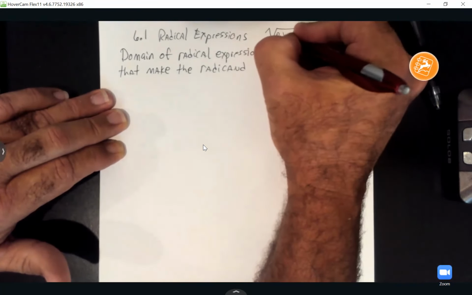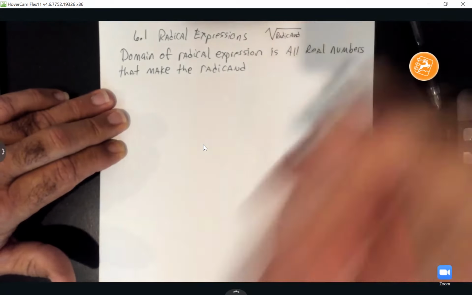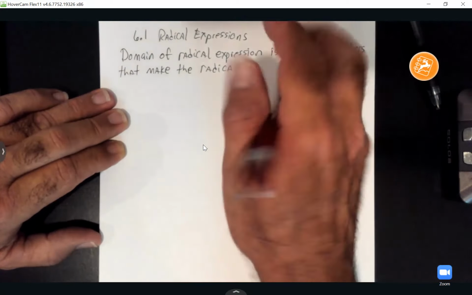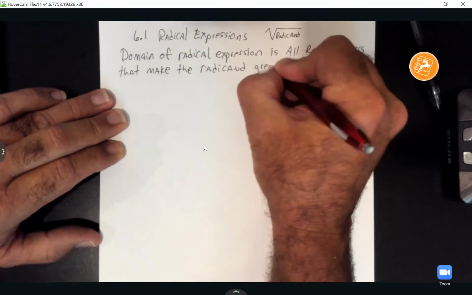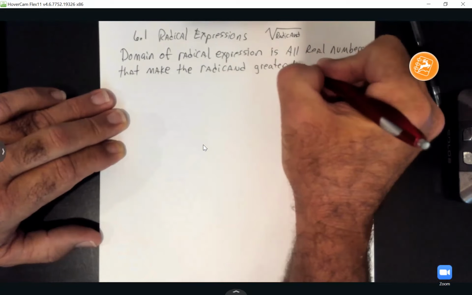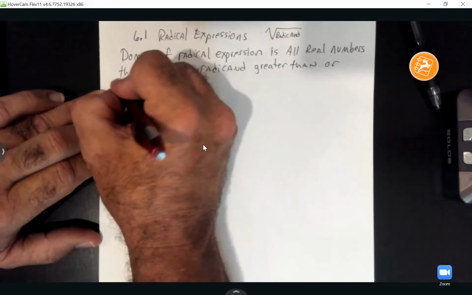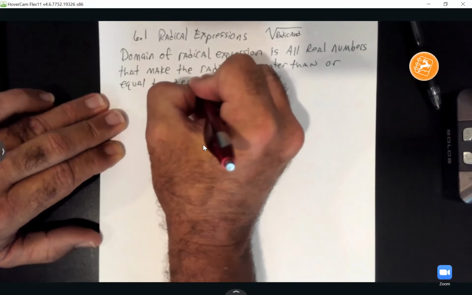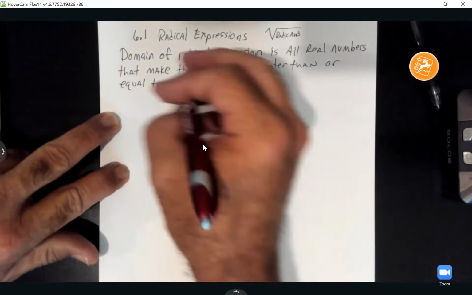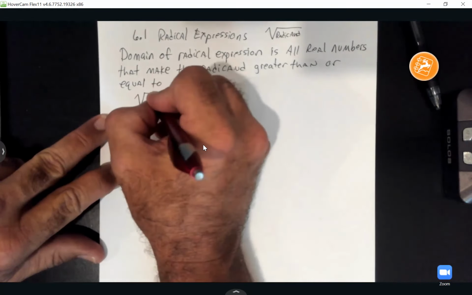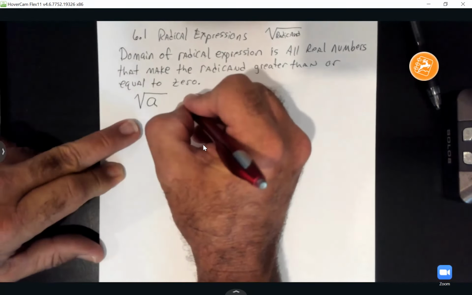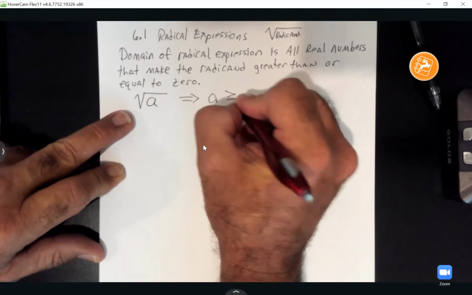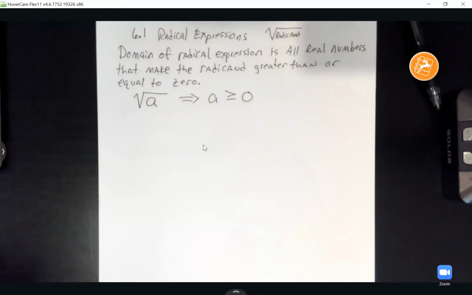So this would be the radicand underneath. But it's going to be all real numbers that make the radicand greater than or equal to 0. Okay, because if you got a radical here with an a under here, that means that this a has to be greater than or equal to 0.